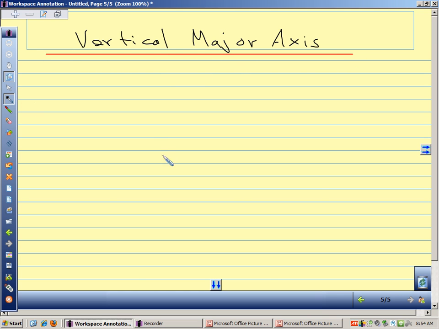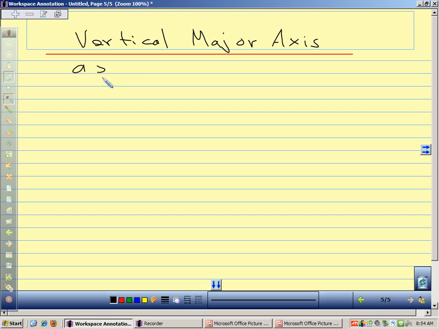So if we have a vertical major axis, our equation just changes around a little bit. Always for ellipses, for these equations, a is greater than b, and a squared equals b squared plus c squared. And for a vertical major axis, the biggest number is under the y part.